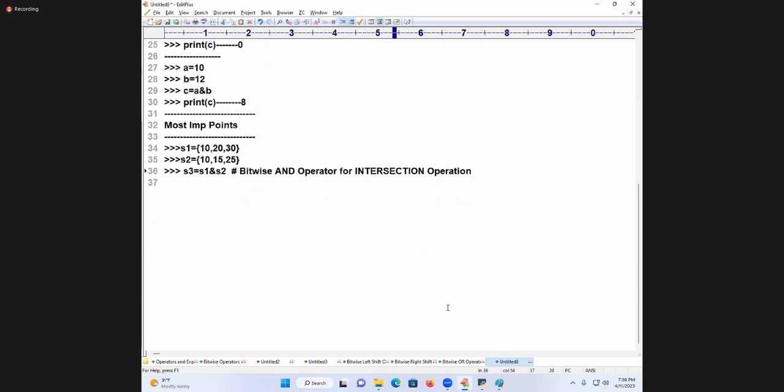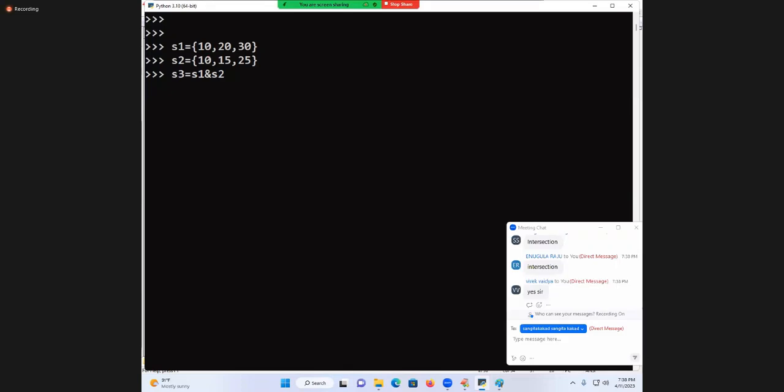Start off. S1 is equal to, S2 is equal to, students. Please say what is this now? Please follow me. 10. Don't forget the flow, please. What is the 10 selection? 1 and 1. What is that? 1. Be careful.